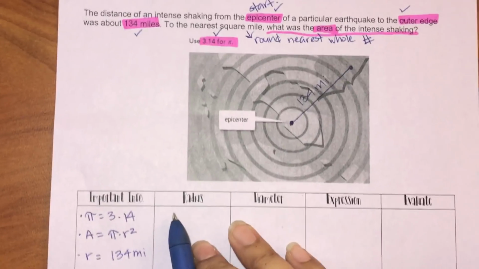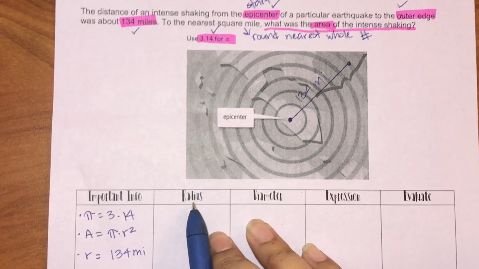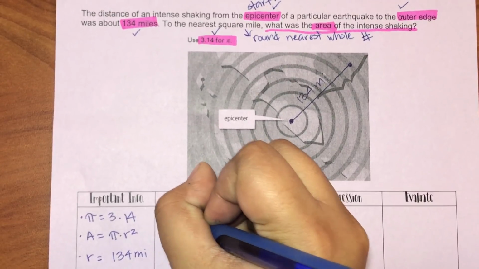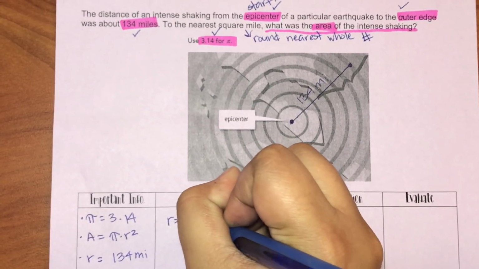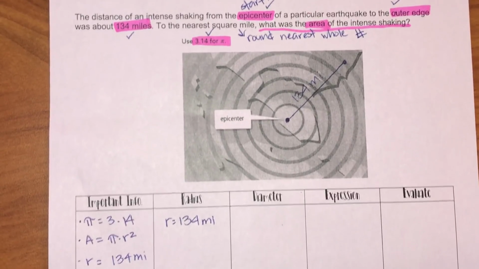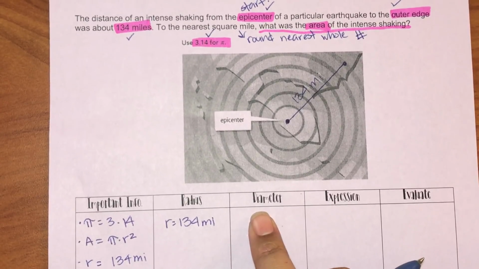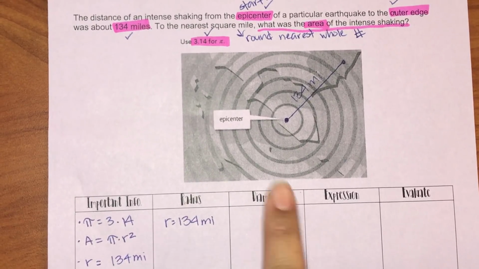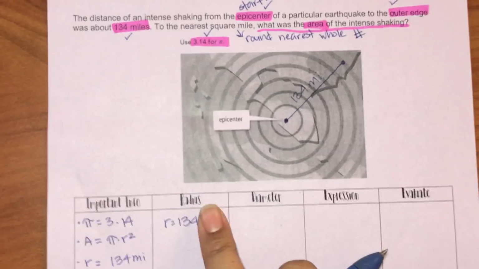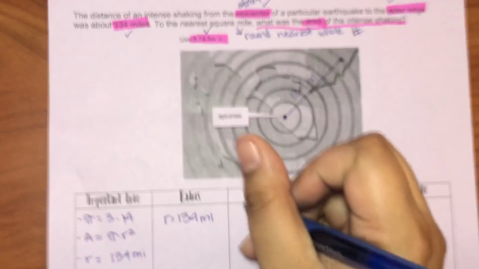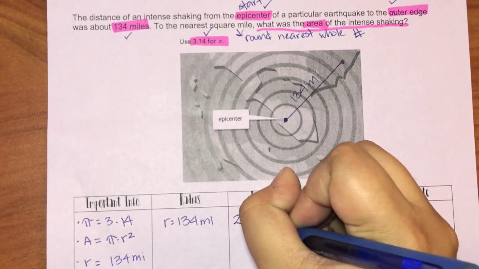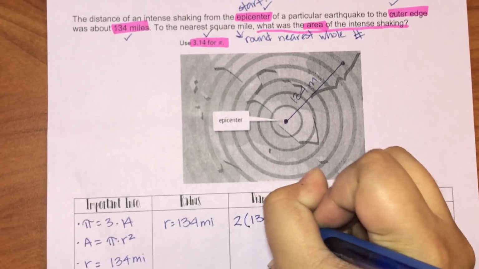Okay, so what is our radius? Well, your radius is equal to 134 miles. That was given to us. We don't know, however, what our diameter is, but remember, how are they related? Your diameter is twice your radius. Good. So it would look like 2 times 134.